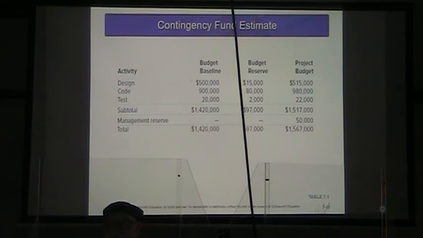We have a budget baseline, $500,000 for design, $900,000 for making the software, and $20,000 for testing. We have budget reserves that go along with that of $15,000 for design, $80,000 for coding, and $2,000 for testing.